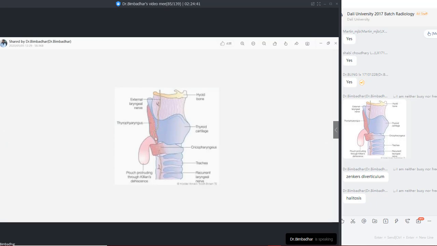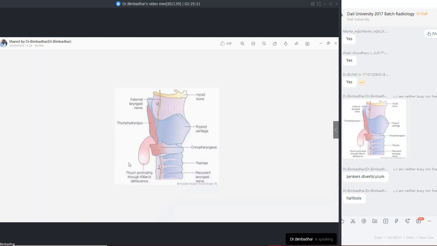There will be pulsatile sensations and traction sensations here, gurgling, dysphagia, and because of the stagnation of food particles in this pouch, there will be halitosis, bad breath. Over time, the food stays here and becomes rotten. That is why the patient will have halitosis.